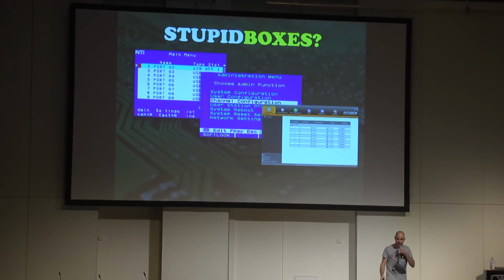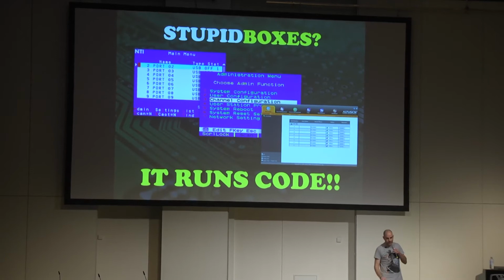Let's take a look at some of the features a modern KVM has. Look at this. They have on-screen displays. They have configurable web menus. They have all kinds of stuff like this. Well, obviously, those boxes are no longer stupid. Obviously, those boxes now run code.